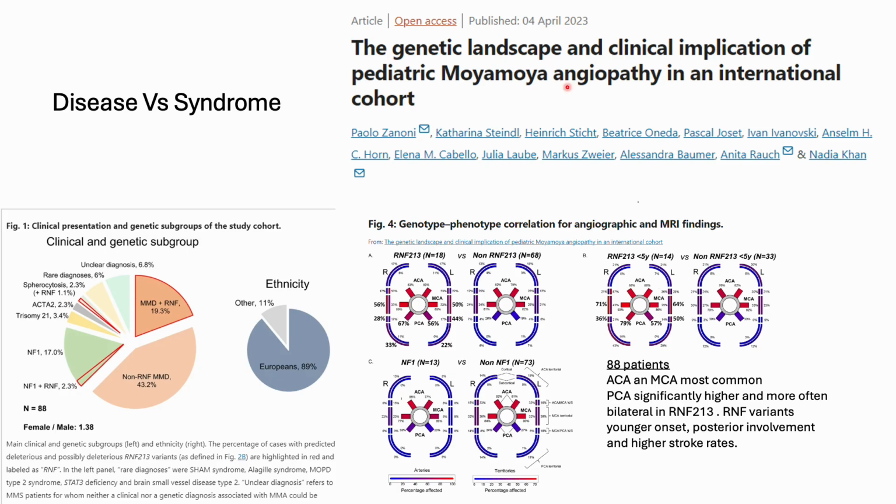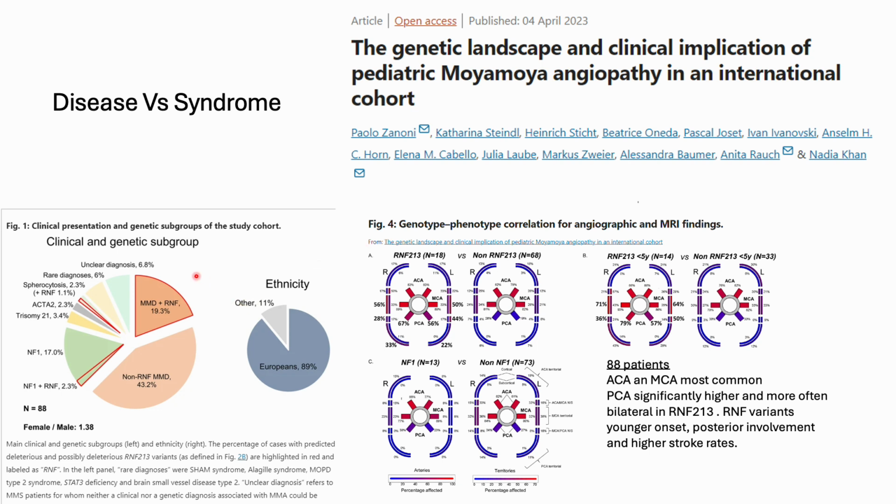So this is a very interesting study actually performed in Switzerland by the University of Basel, which looks at the genetic landscape and the clinical implication of pediatric Moyamoya arteriopathy. They look at an international cohort, and they try and subtype each type of Moyamoya arteriopathy as they find it.